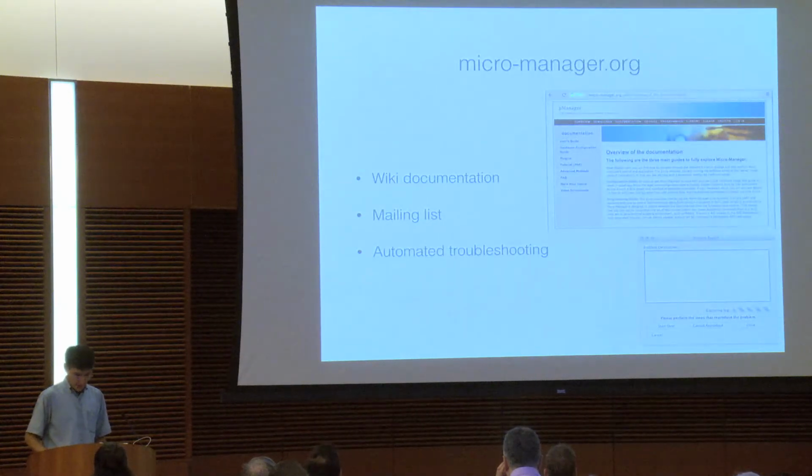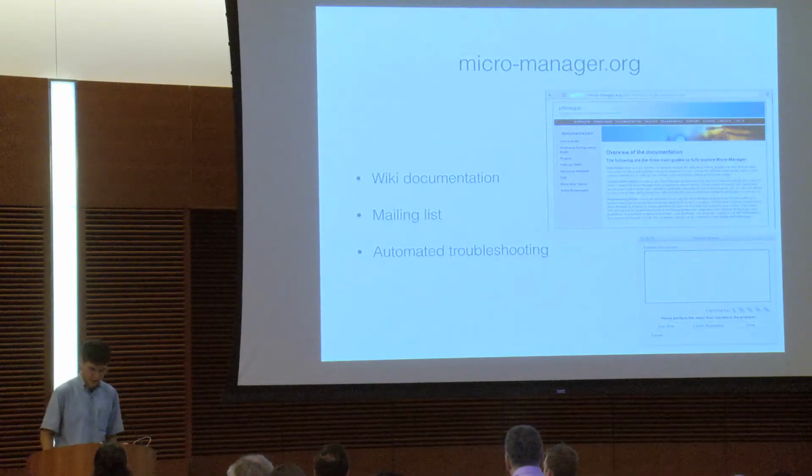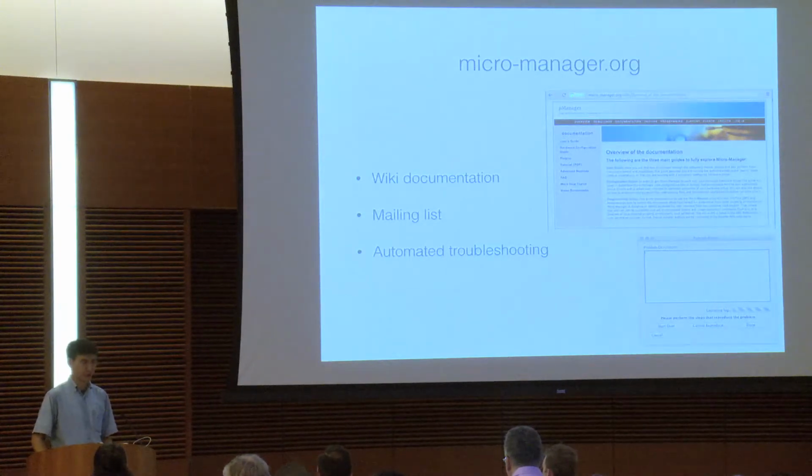We have extensive wiki documentation on our website, which is micro-manager.org. And we have a very active mailing list, as I mentioned at the beginning. One of the interesting facilities we have for remote collaboration, so to speak, is an automated troubleshooting feature, which we have built into the program.